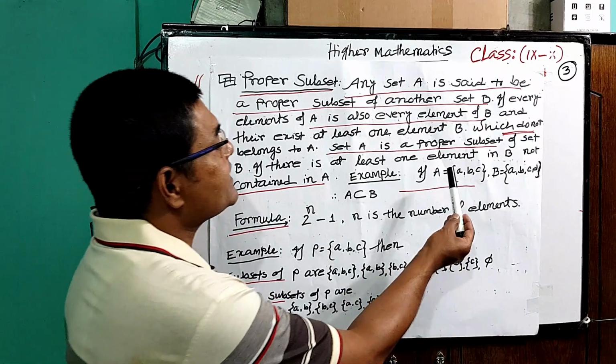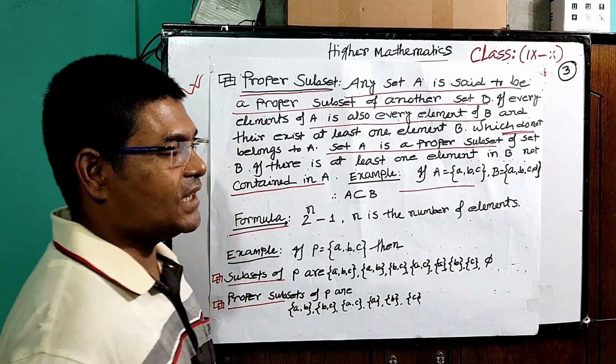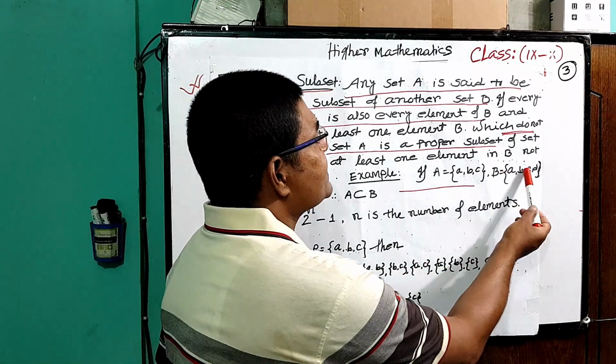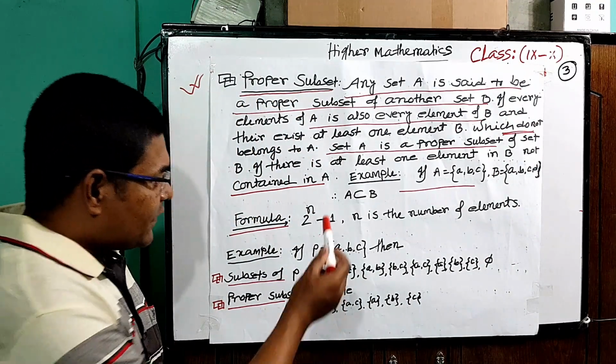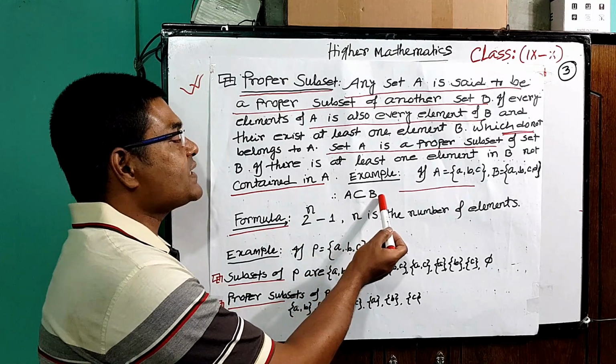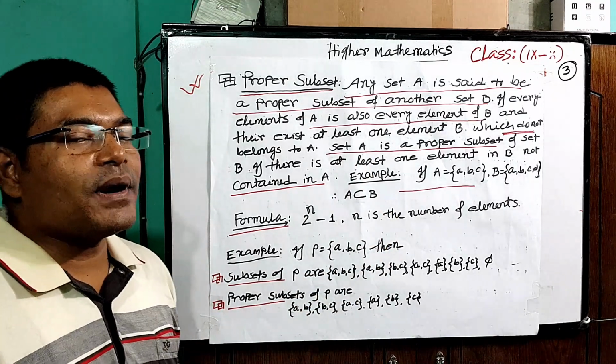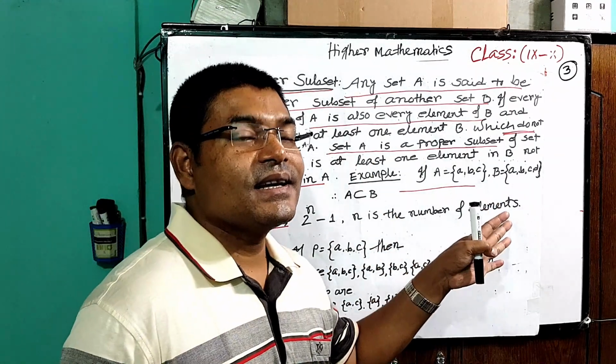So you can see here is A, B and C. Here is A, B, C and D. So A is a proper subset of B. I think this is clear.